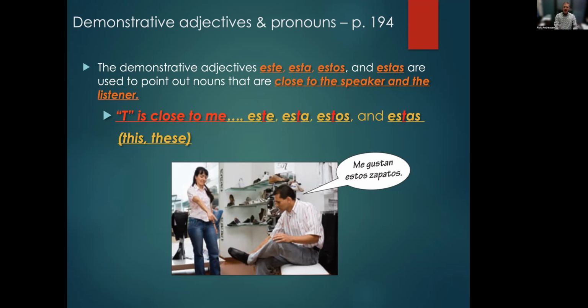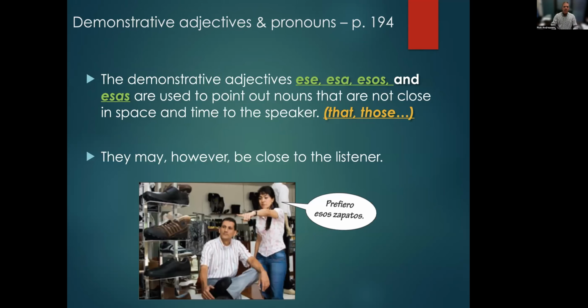Here in the sentence, me gustan estos zapatos. Here the man is talking about these shoes that he has right there with him. These shoes, they're close by. Ese, esa, esos, esas don't have a T, right? They are used to point out nouns that are not close in space and time to the speaker. That or those. They may be close to the listener, and that's okay.